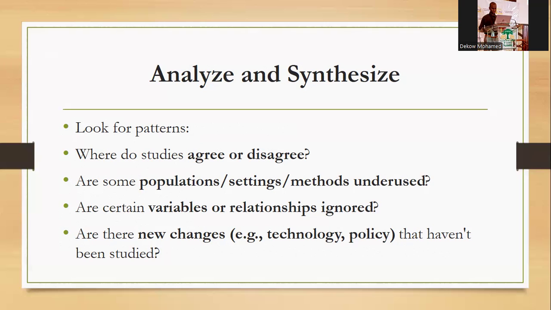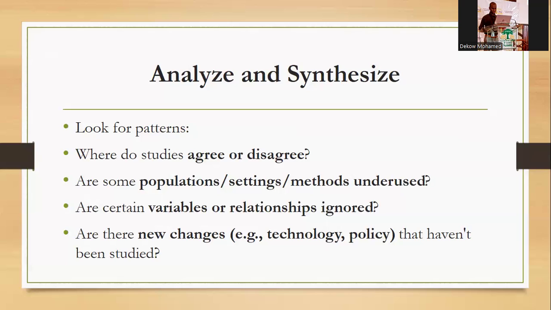And then, are the populations, settings, or methods underused? Which methods have been used mostly? Maybe you can talk about the qualitative or quantitative methods that they have used, or they have underused or overused. So that you can also look at certain variables or relationships ignored.